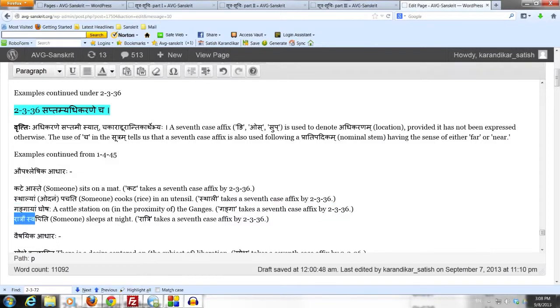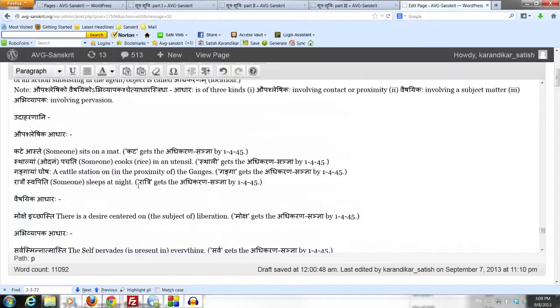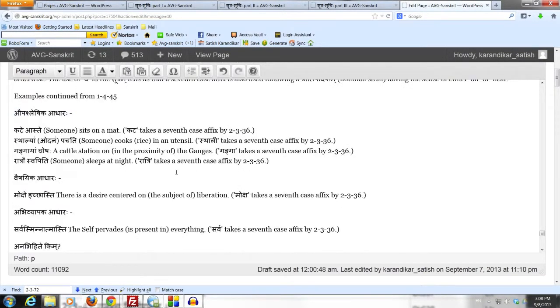And lastly, Ratrau Swapiti. Someone sleeps at night. The night, Ratri, has the Adhikarana Sanya by 1445, and hence the Pratipadikam Ratri takes a seventh case affix by 2336. The next category of Adharaha which we studied is the Vaishayikaha Adharaha. So for example, Mokshe Ichhasti.